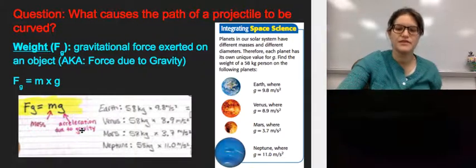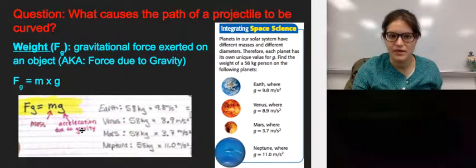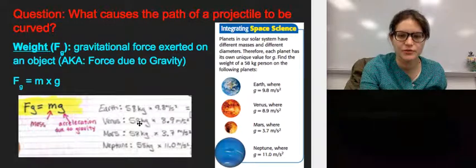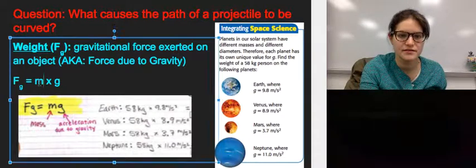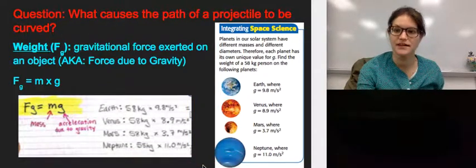You're going to calculate for each of those what the weight would be in newtons on each of those planets. For each one, we're going to use the same mass, 58 kilograms each time, and then we'll just multiply times the different values of g, which are given over here: 9.8, 8.9, 3.7, and 11. So go ahead and calculate all of those, and then you can check your answers with mine on the next slide.